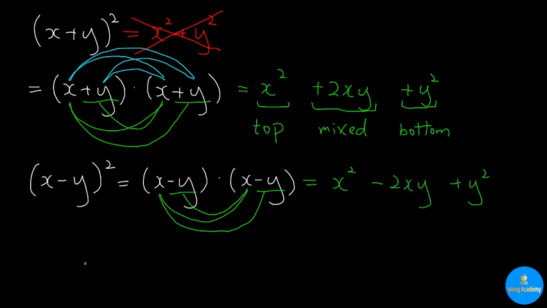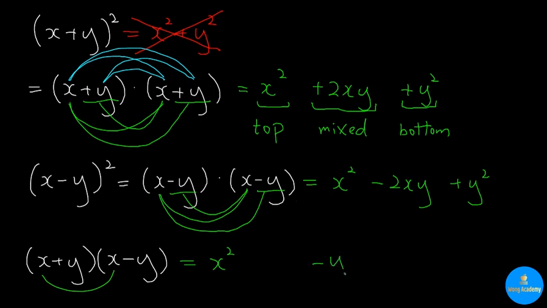What about x plus y times x minus y? When we expand this expression and get rid of the parentheses, we will get the top term as x squared because of x times x. The bottom term will be minus y squared because of positive y times negative y.